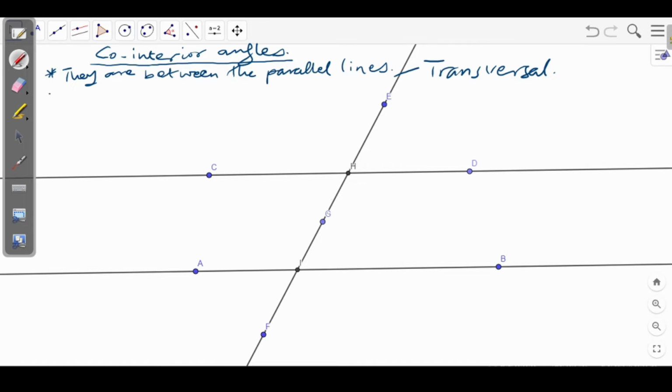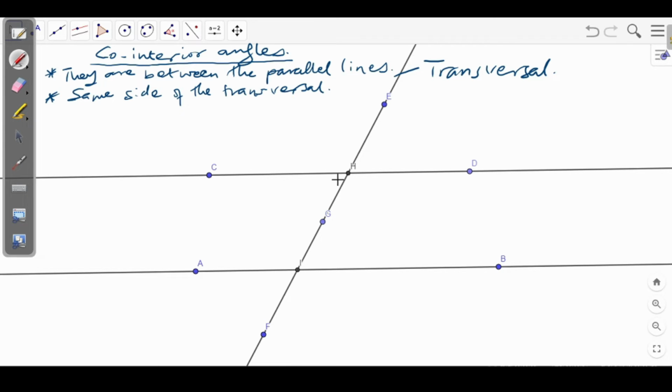Another thing I would like you to note is that they are on the same side of the transversal. These are just my own choice of words to help with the understanding of what co-interior angles are.